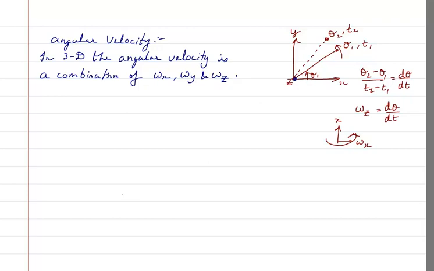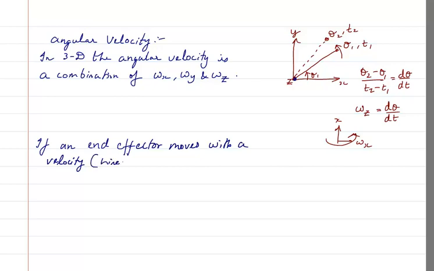Okay, so let me put it this way. If an end effector moves with a velocity which is either linear or angular, it is because of the joint.